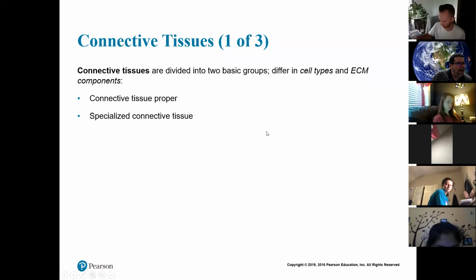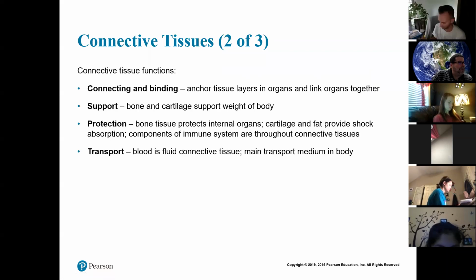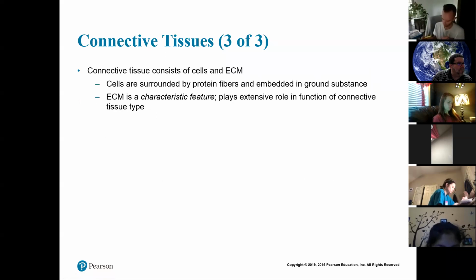So I think the overlying thing here would be to remember that they hold things together, or a lot of them are involved in binding. Okay, so we're going to see they can be binding, connect things together. They can be support like cartilage and adipose. They can be protective. Okay, and we'll talk about that. So these play a big role in protection. I'll give you a good one here in a minute on fat protection. And then the blood transports everything through the body. So blood is thrown in this group.